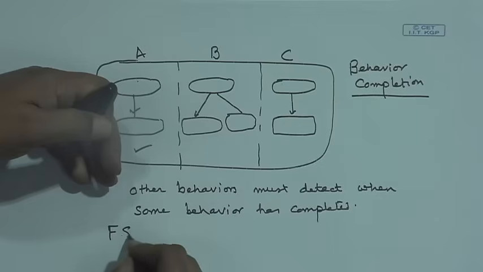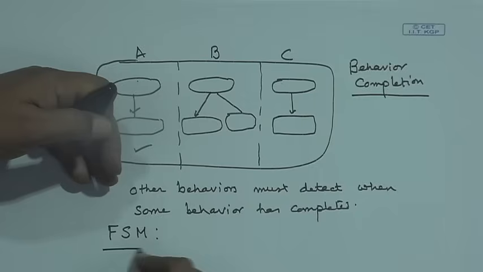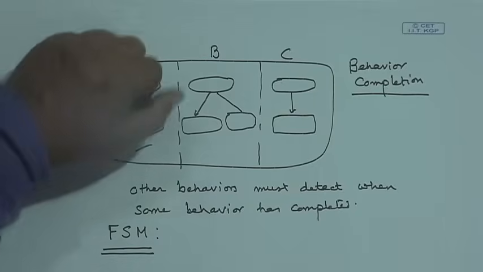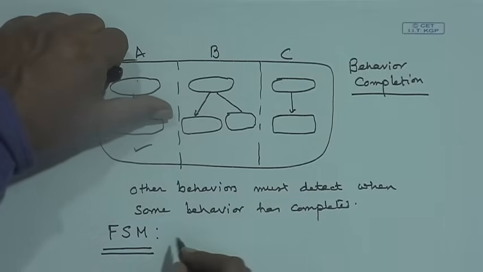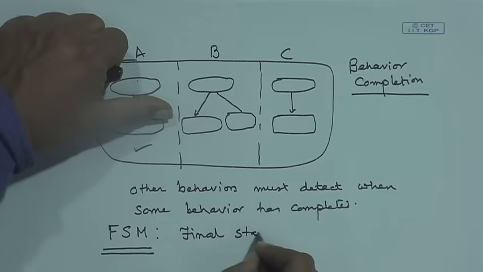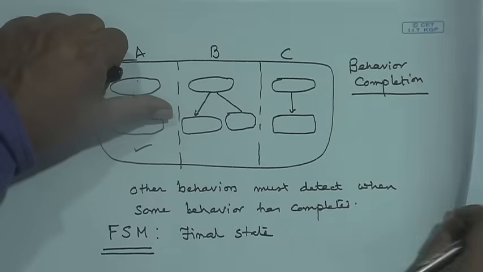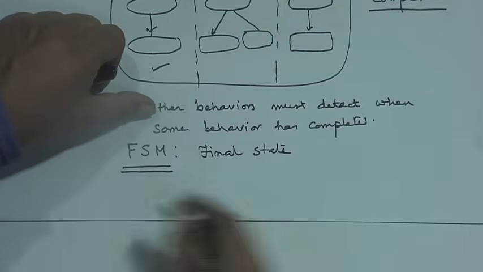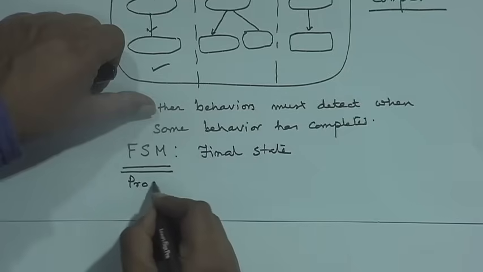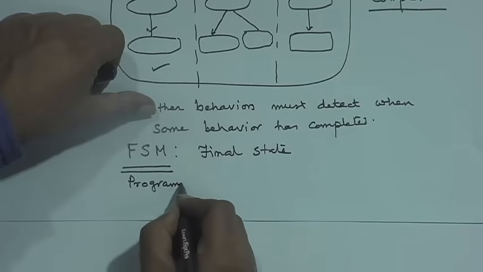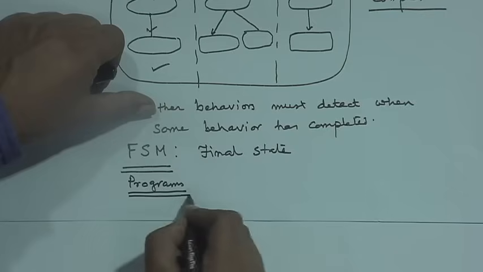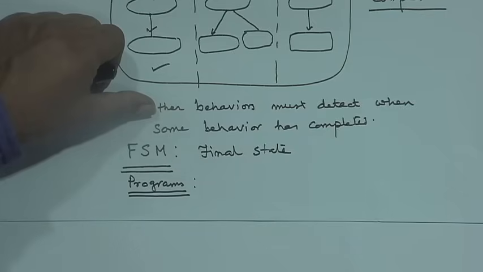Now, how can this be represented? One thing is, in an FSM, all of you know how the completion of a behavior is shown: the final state. In programs, how is it known?